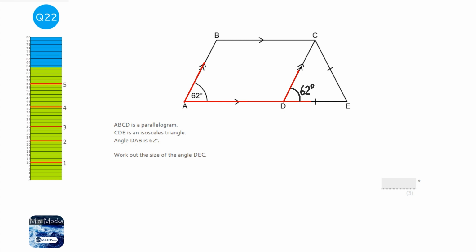I just bung a Z in there. That's just the way I remember it. And the other one is interior, co-interior, allied, whatever you want to call it. So you need to write down the fact that angle CDE equals 62 degrees because corresponding.